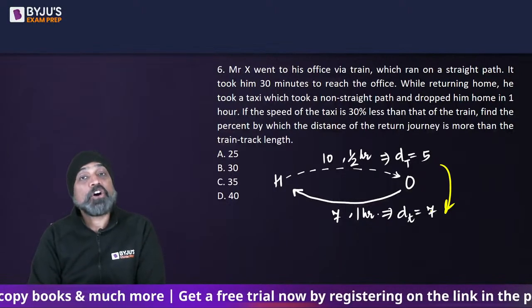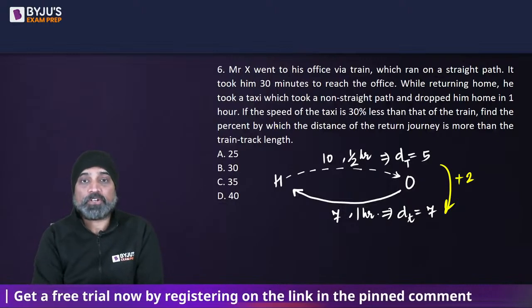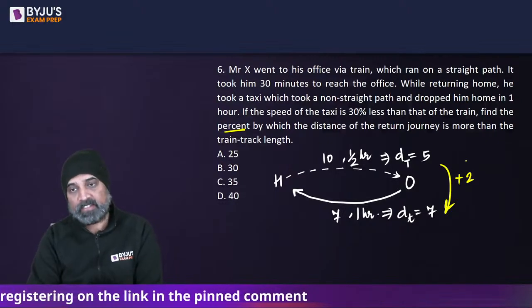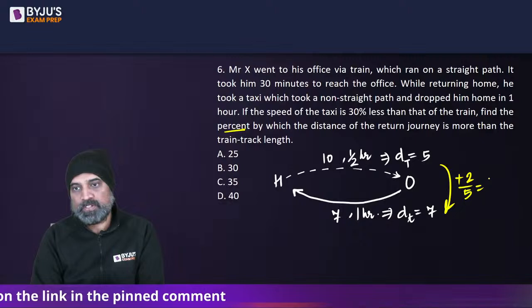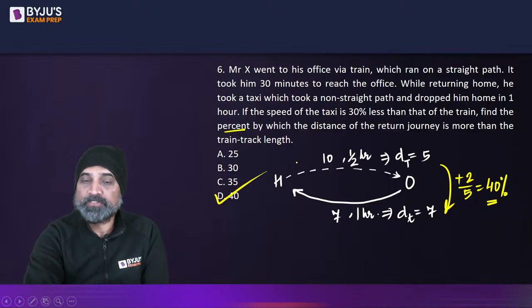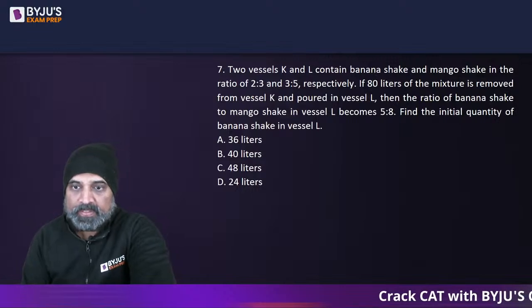So 7 is how much more than 5? It's 2 more. But since we're talking about percentage wise and based on the train track length, it's 2 out of 5, which will result in 40%. Right? Very much straightforward. Okay.